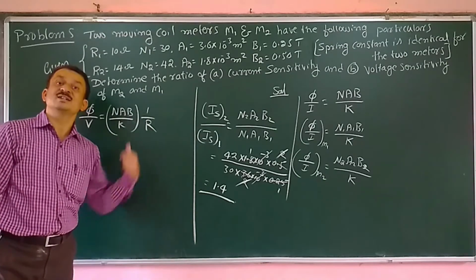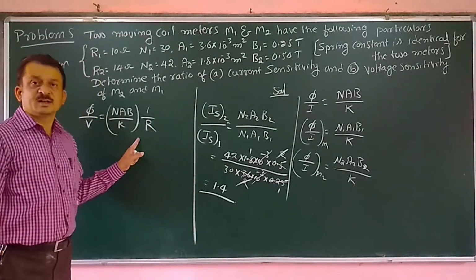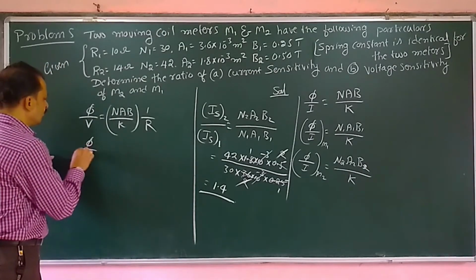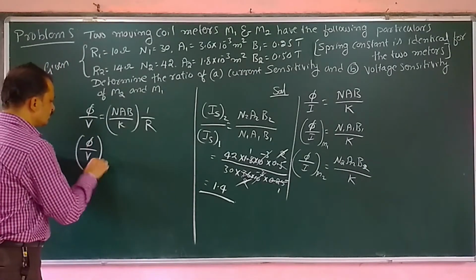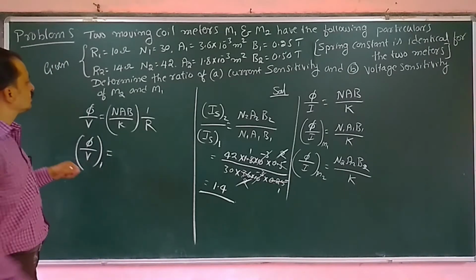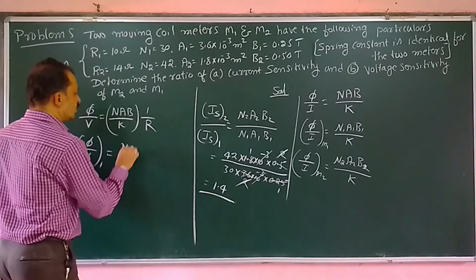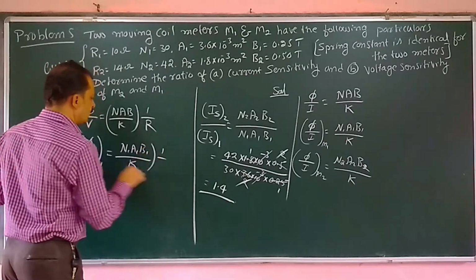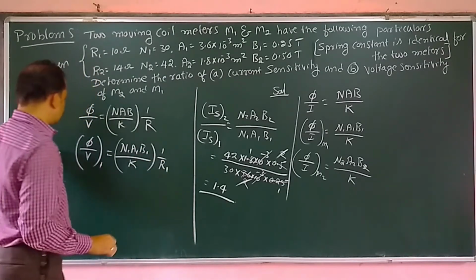Now write the equation for 2 meters. For the first meter, phi by V equal to obviously N1 A1 B1 divided by K into 1 by R1.